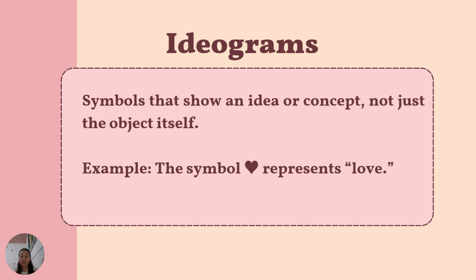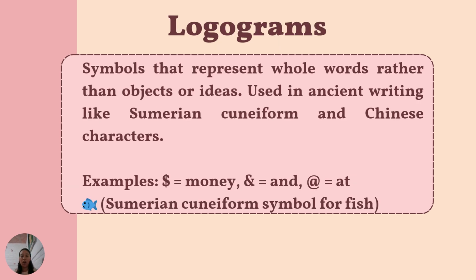The next is logograms. So, what are logograms? Logograms are symbols that stand for an entire word instead of just an object or an idea. People use them in some of the oldest writing systems, like Sumerian cuneiform and Chinese characters.